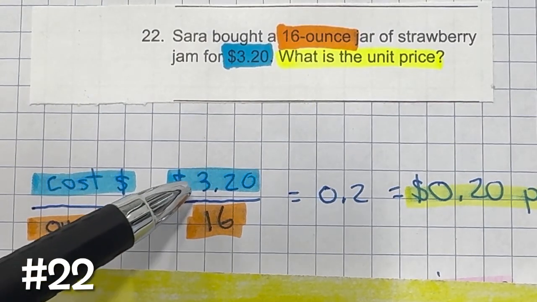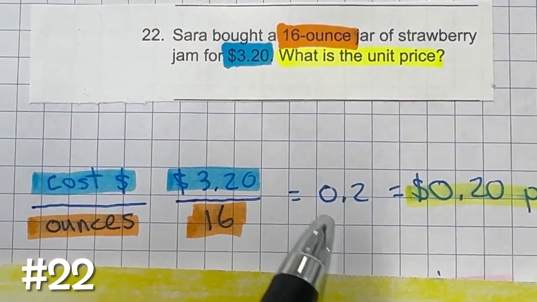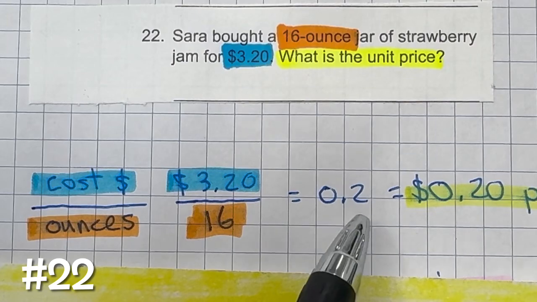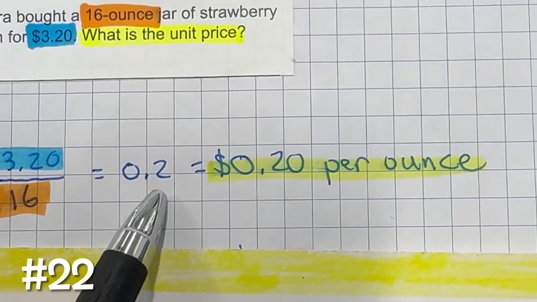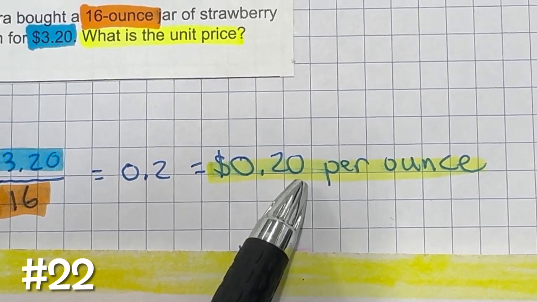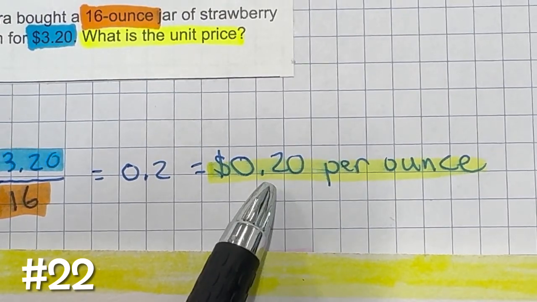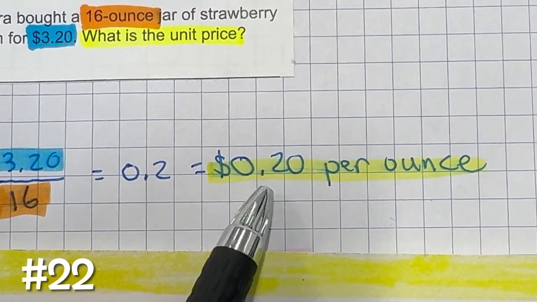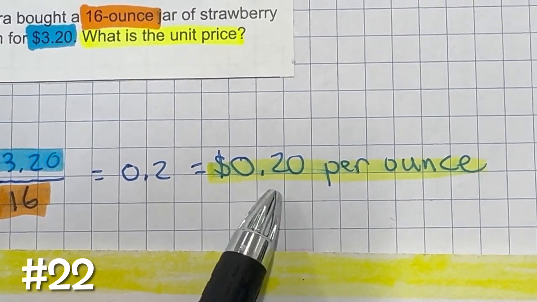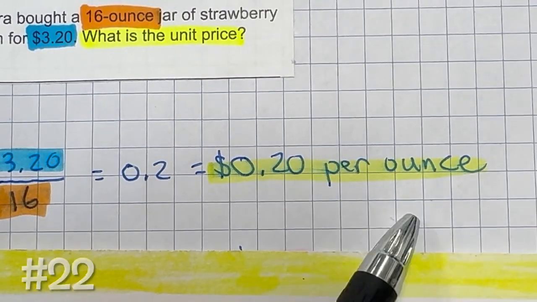When you divide $3.20 by 16, you get 0.2 or 2/10. But to write it as money, we add a 0 for the pennies. So it's still 2/10 and 20/100. It's the same thing, but this is written as money, 20 cents per ounce.